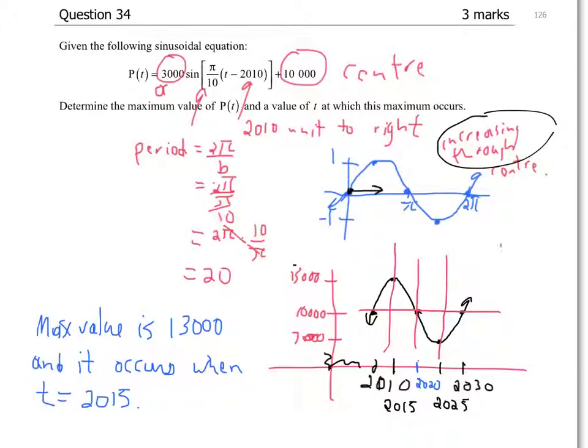So if my period is 20, a quarter of that period is 5. So where does the maximum occur? It would occur 5 away from the start of 2010. And in hindsight, that may be a better way of doing this question, but I think the graph really helps us visualize what's going on.